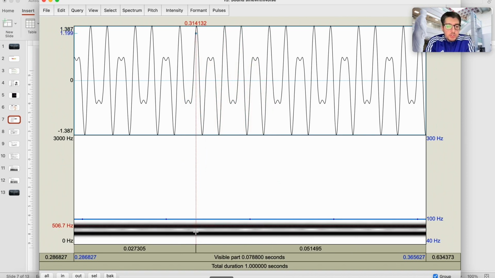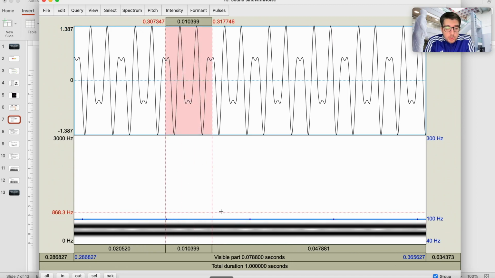You can see the 2 largely dark bars. The first bar is component wave number 1. The second bar is component wave number 2. The first bar is a component wave of the frequency of 300 hertz. The second one is the component wave of the frequency of 500 hertz.